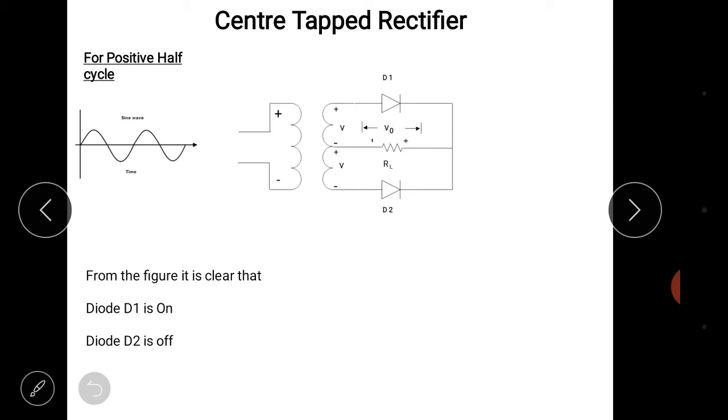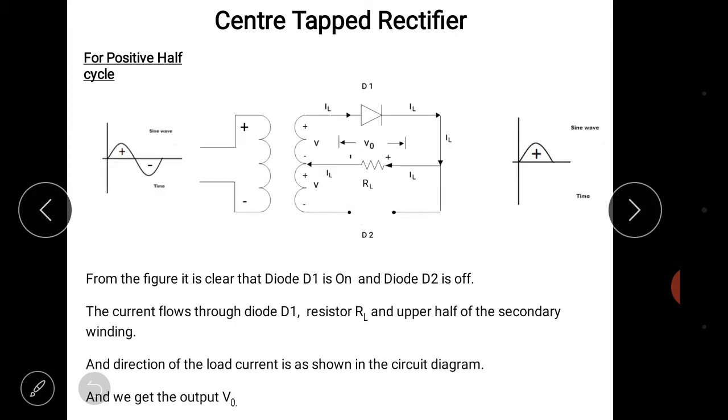With the help of this polarity of the input voltage, it is clear that diode D1 will be in forward bias condition, that is diode D1 is on, and diode D2 is in reverse bias condition, that is diode D2 is off. It is more clear now in this figure because D1 is on but D2 is off, so D2 is open circuited.